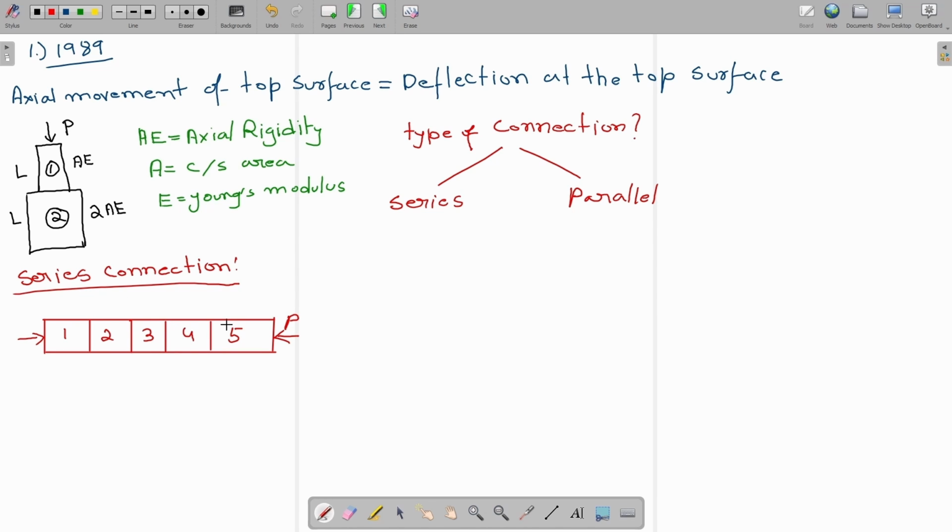Now in this case, the total deflection of the entire body is given by delta L is equal to delta L1 plus delta L2 plus delta L3 plus delta L4 plus delta L5. Now we find out that the connection is in series.